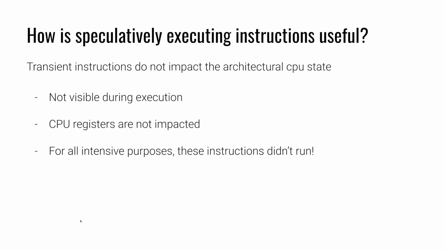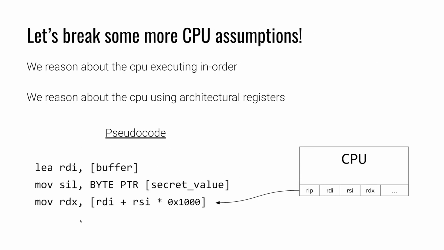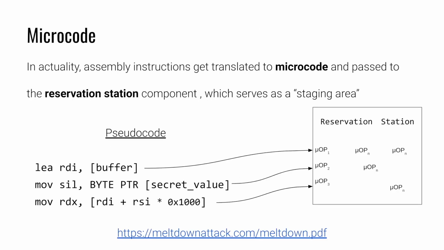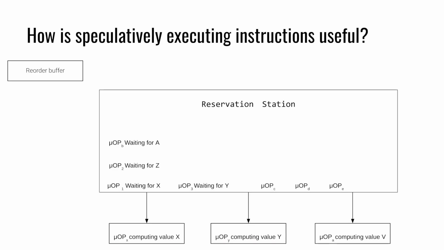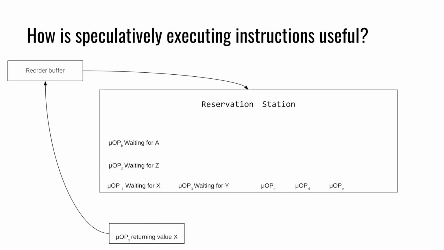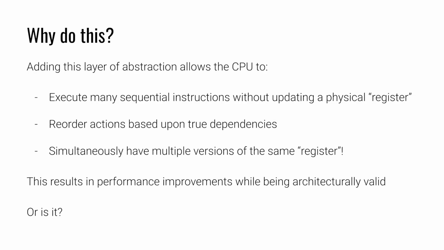And the CPU does all of this invisibly under the hood because registers aren't real. What is real is the microcode that the assembly gets translated into. And since all of the microcode is just symbolic representations, it can keep multiple copies of registers and execute based upon conditions simultaneously.